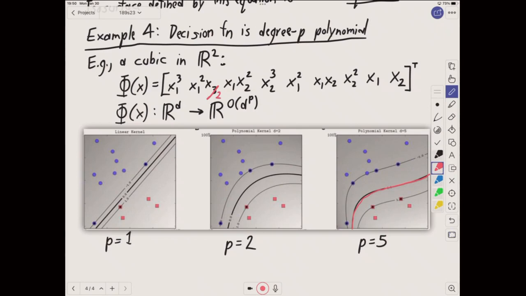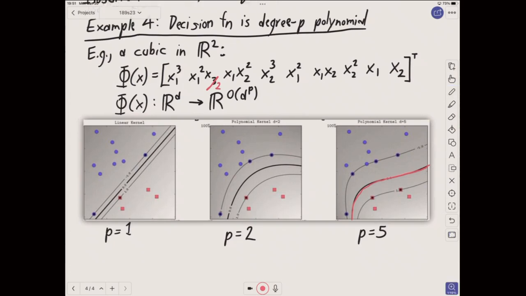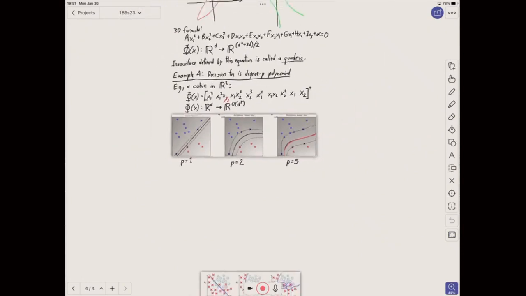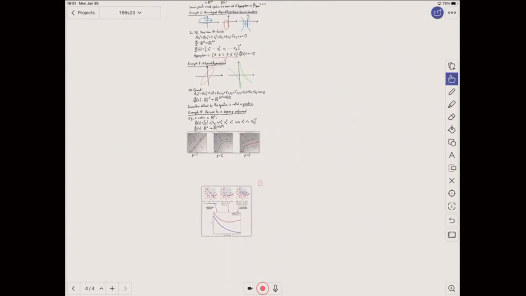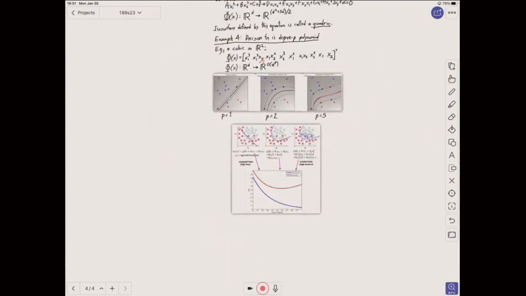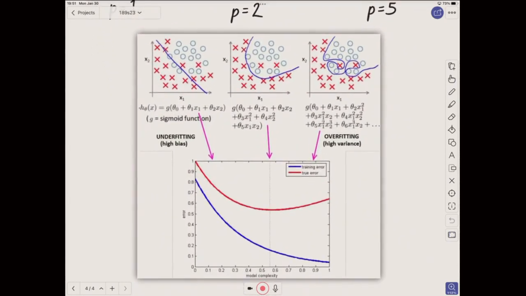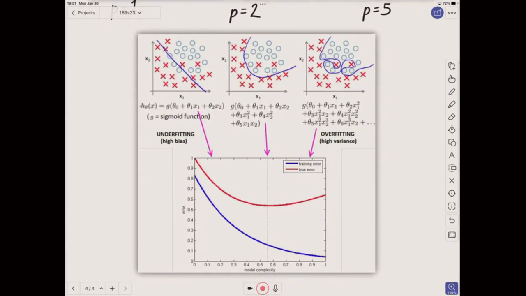Since time is running out, let me just get to the last little section. One thing to keep in mind here is that if you raise the degree too high, eventually you will overfit the data and generalization will get worse. And so here's a schematic that gives us the classic underfitting versus overfitting curve that we often find.